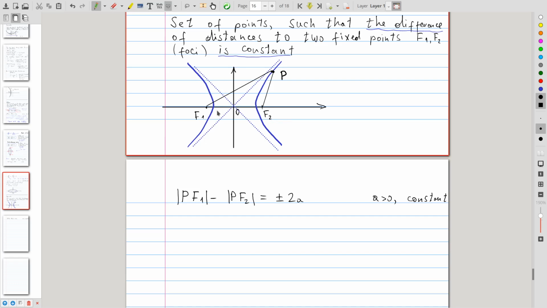But the difference between the distances to the two foci will always be the same, up to the sign plus or minus. So let's say that our foci have the coordinates minus c,0 and c,0 for a positive c.